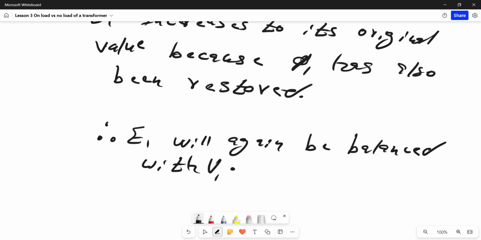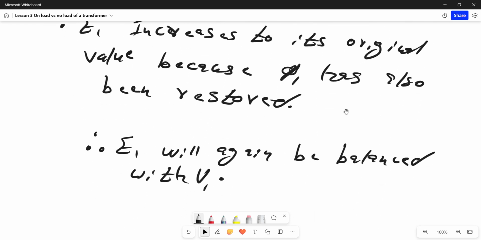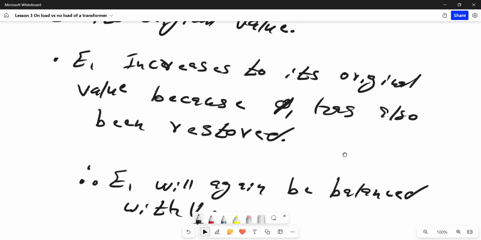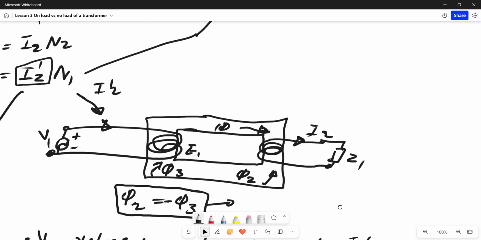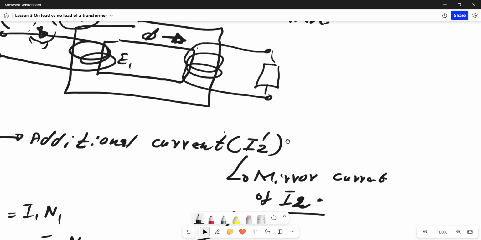So in a transformer, when the secondary winding is closed, V1 and E1 always want to be balanced with each other. V1 does not like the reduction of E1 because it will cause it to release more current. They always have to be balanced. So this is what happens.